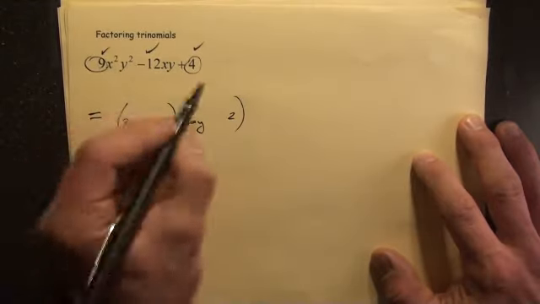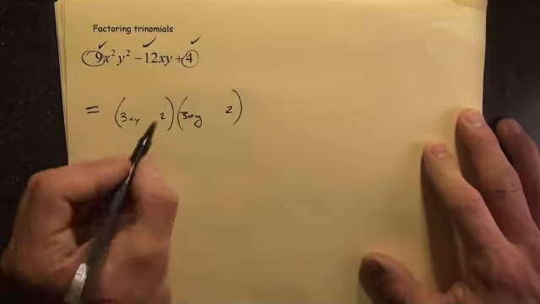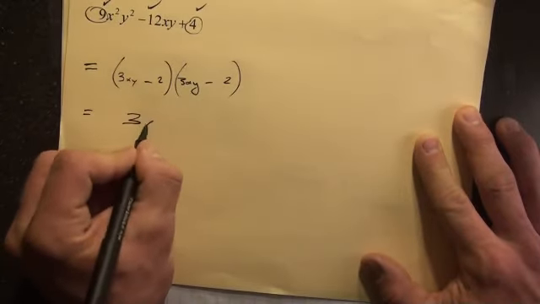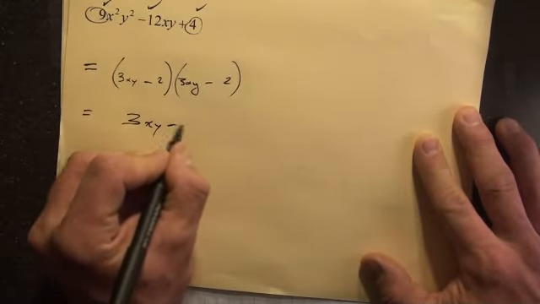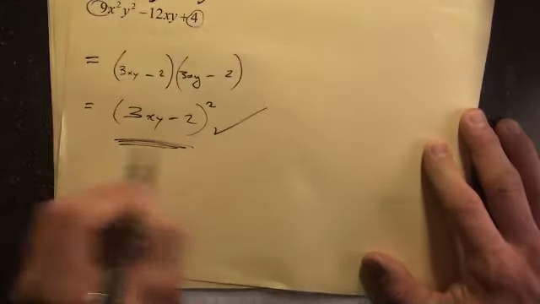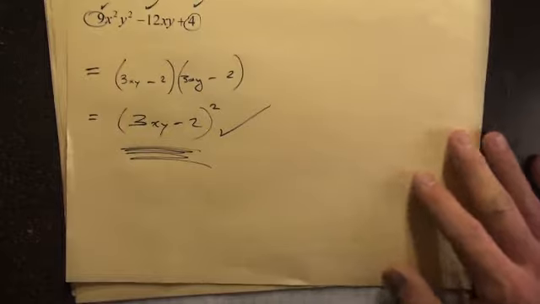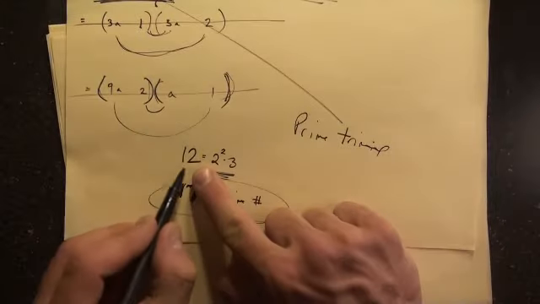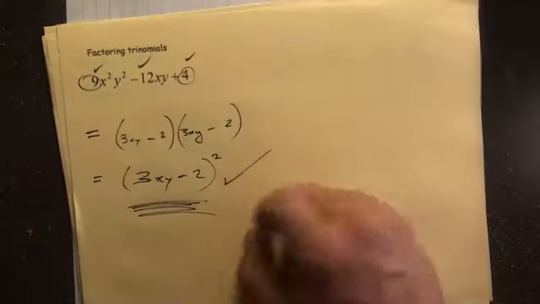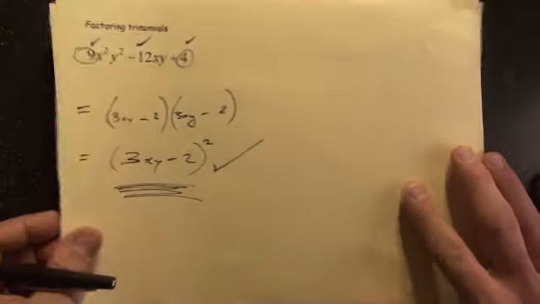Let's put a 2 and a 2, and then just see if we get a 12. And as it turns out, we do. Both as a minus. Then we're going to rewrite this as 3xy minus 2 quantity squared. This would be the prime factored form, just like we wrote here earlier with the number 12. We wrote it as 2 squared times 3. This is the prime factored form.